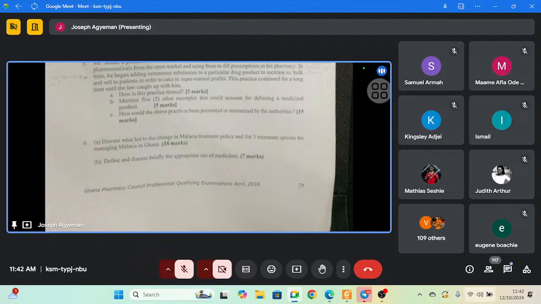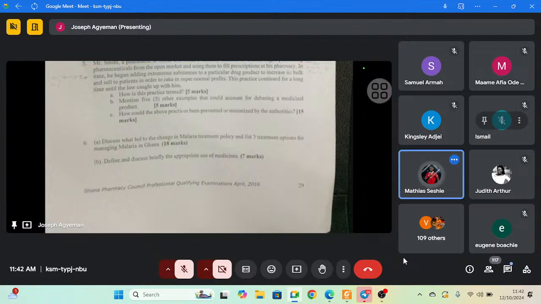So how would you approach this question? Define and discuss briefly appropriate use of medicine. So in defining the appropriate use of medicine, you want to look at the effective use of the medications to achieve the best possible health outcomes.